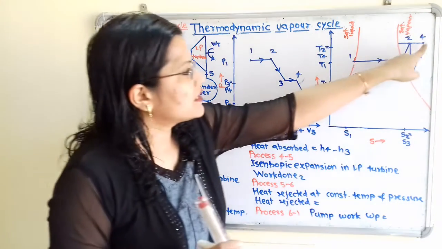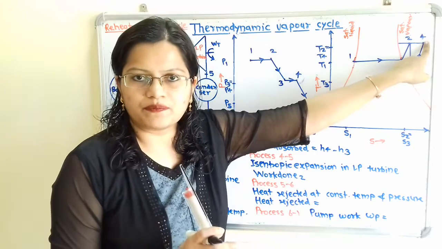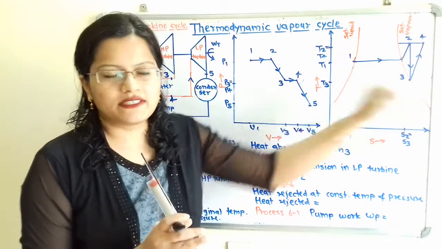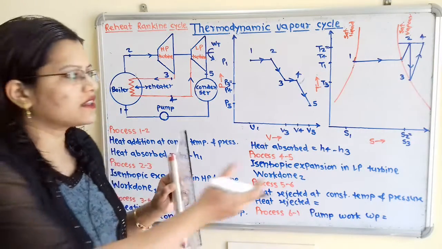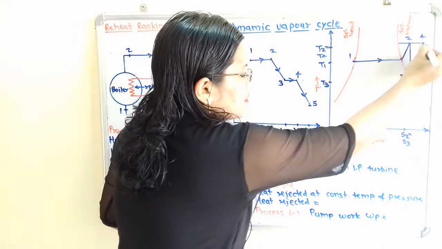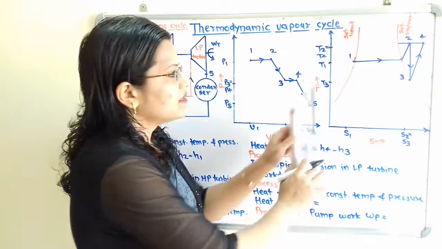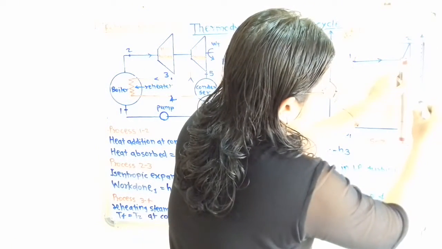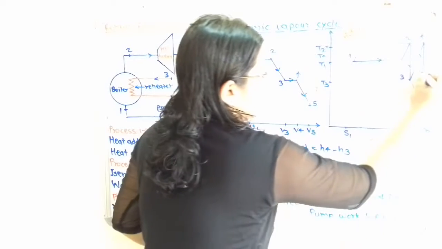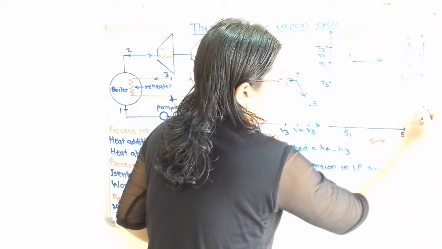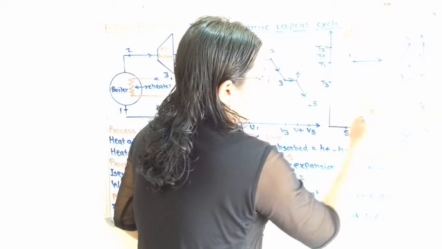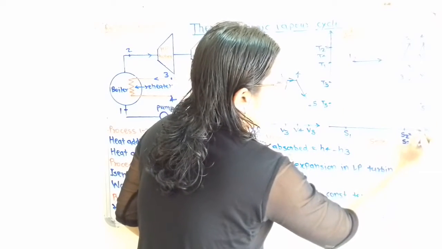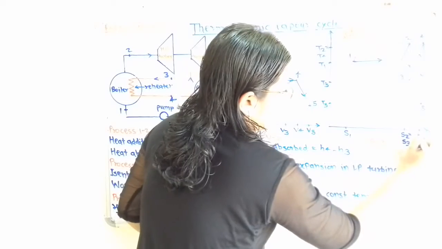Now here this is the superheated steam. So it is getting converted into wet steam. So if I show here the constant entropy line, then decrease in temperature, at the same time entropy remains constant. So I will show here the point 5 and here is the temperature T5 and entropy S4 is equal to S5.